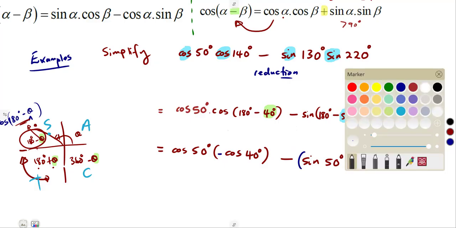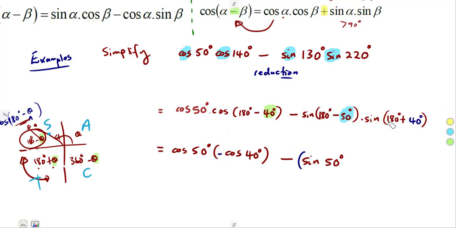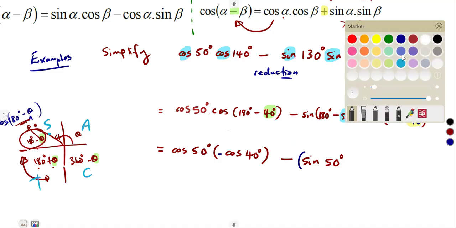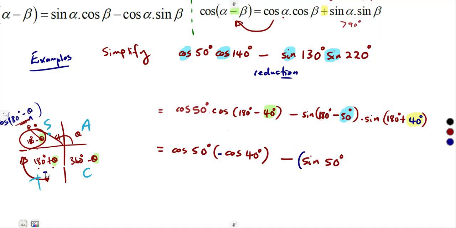We also rewrite the sine of 180 degrees plus 40 degrees here, the acute angle being 40. Which quadrant are we talking about? 180 plus, the third. This is the quadrant for tan. So sine there is negative. So that's going to be a negative sine of the acute angle 40 degrees. We can simplify further.